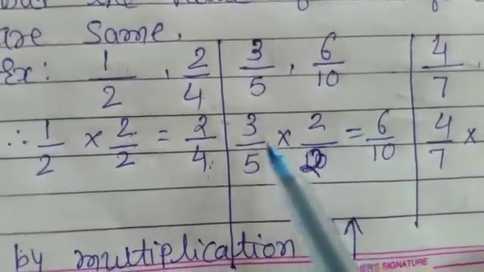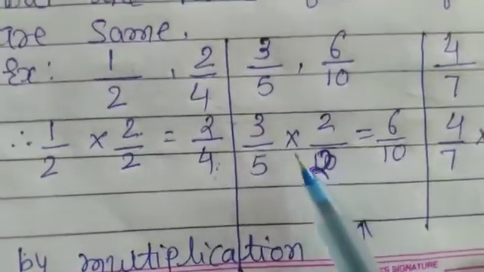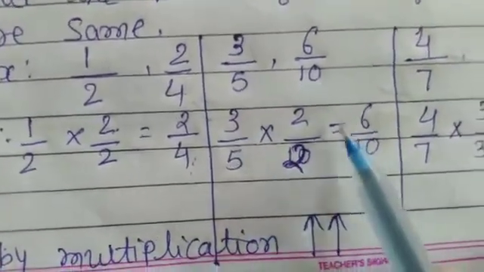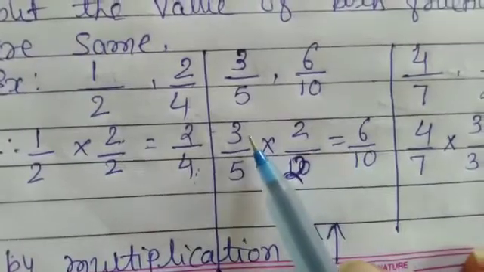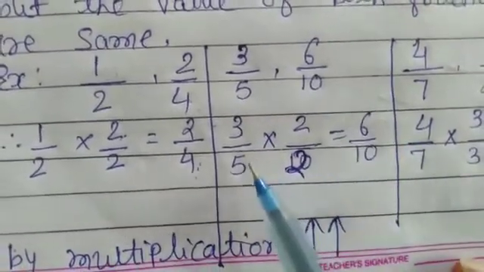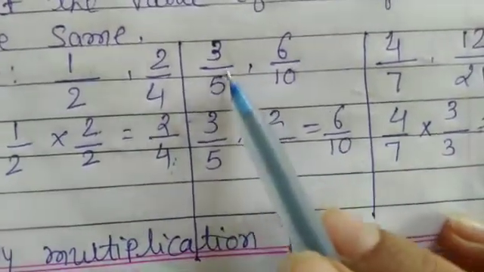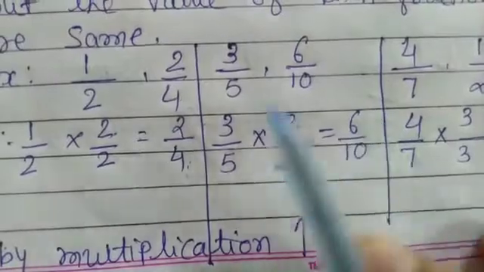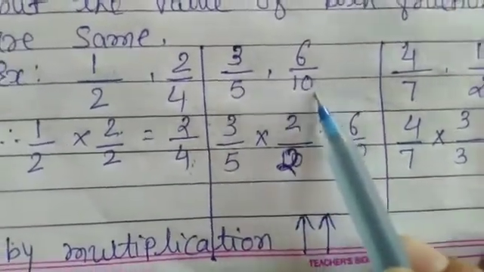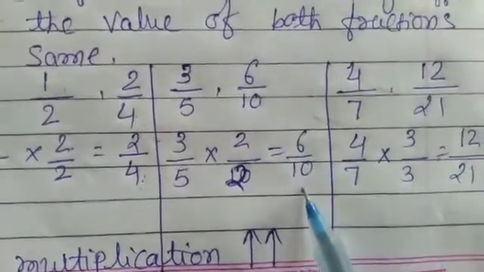So 2 multiplied by 3 and 2 multiplied by 5. Now the answer is, first we multiply the numerator, 3 2 is 6, and now the denominator, 5 2 is 10. So we can say 3 by 5 and 6 by 10 are both equivalent, looking different but the value of the fraction is the same.